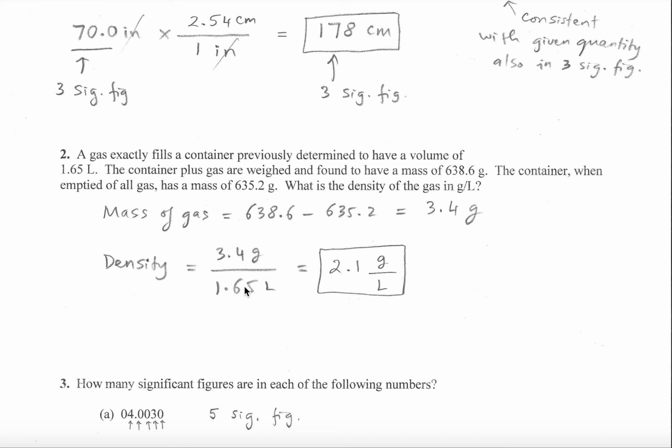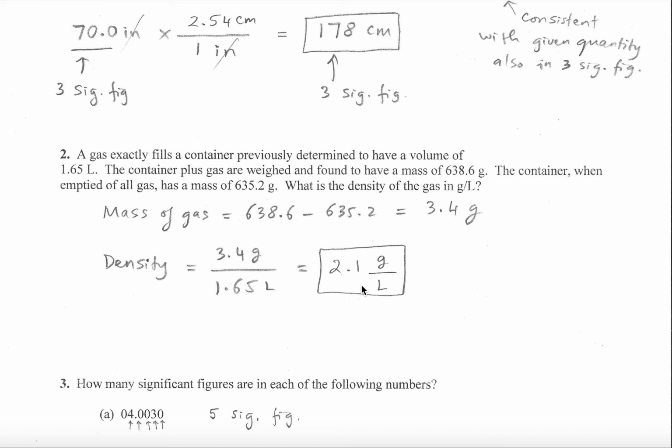Now both of these quantities are given in the problem, or we figured them out. They are not conversions, therefore they have a definite number of significant figures. 3.4 has two significant figures, 1.65 has three, so by the rule we have to follow the limiting one, which is two. Okay, so your final answer should be rounded to two significant figures.